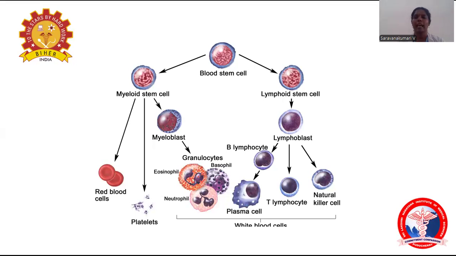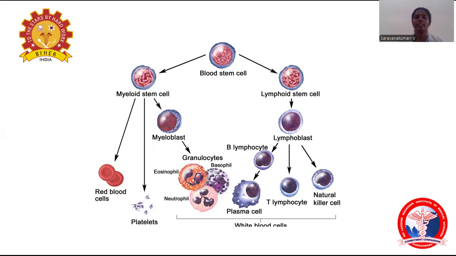If there is any antigenic stimulus, these B lymphocytes will be transformed into plasma cells, and these plasma cells will produce antibodies. These antibodies fight against the antigens and get rid of them.